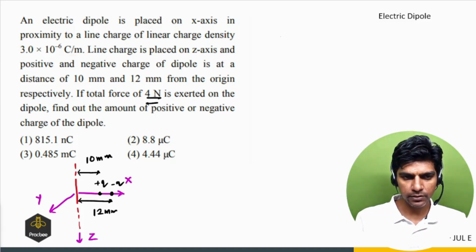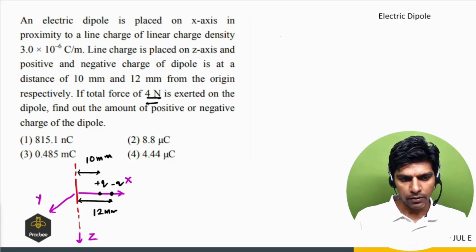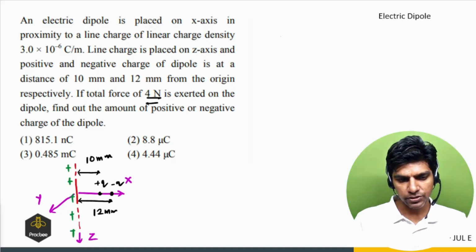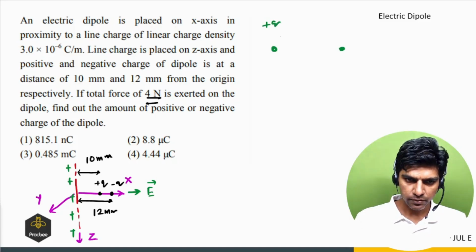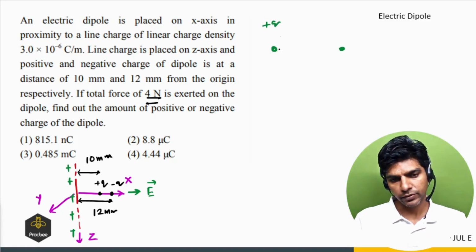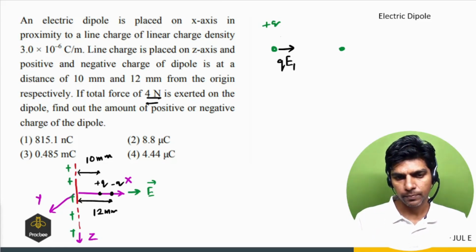Okay, now let us draw the free body diagram. Now we have a positive line charge. So due to this positive line charge, the field will be along the positive x direction, right? So that is the direction of the electric field. So the force on the positive charge will be in the direction of the electric field. Let me call this QE1. And the force on the negative charge will be opposite to the direction of the electric field.